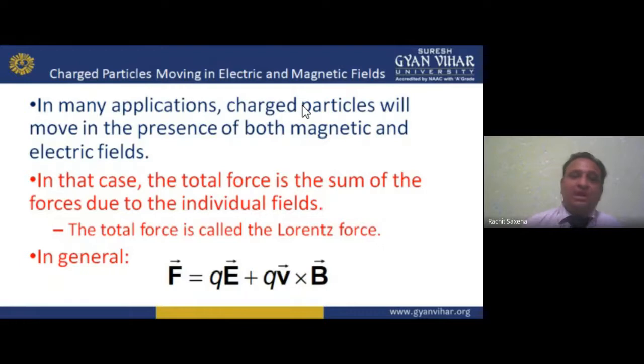Now, if I'm talking about charged particles moving in electric and magnetic fields, what do we get here, my dear students? In many applications, charged particles move in the presence of both magnetic and electric fields. Take electrical machines: we have two types, motor and generator, which are rotating machines, and the transformer, which is a non-rotating or static machine.